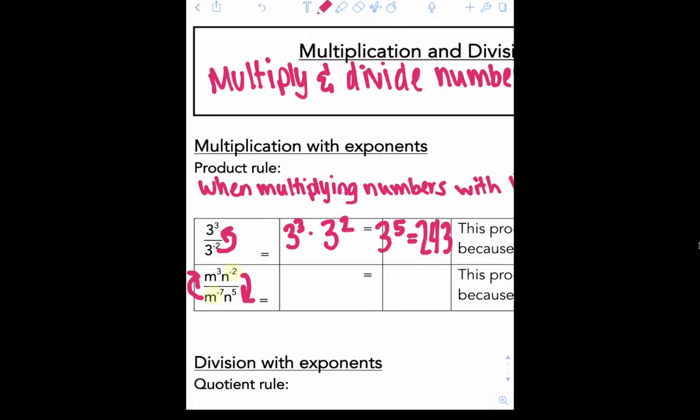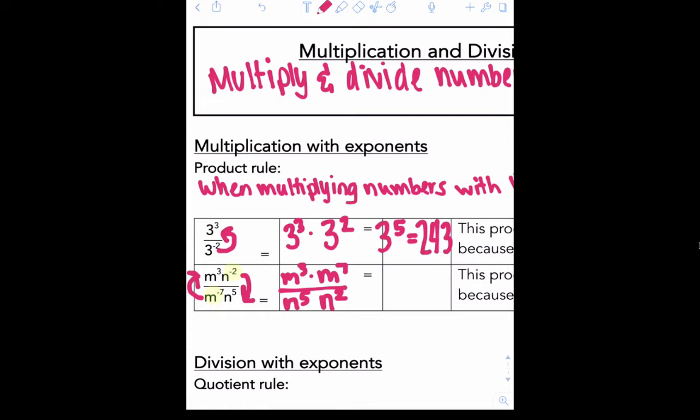So when I rewrite this, I have m to the third in the numerator, and I move that m to the negative seventh up to that numerator and make it positive. I have n to the fifth in my denominator, and I move that n to the negative second on down to that denominator and make it positive.